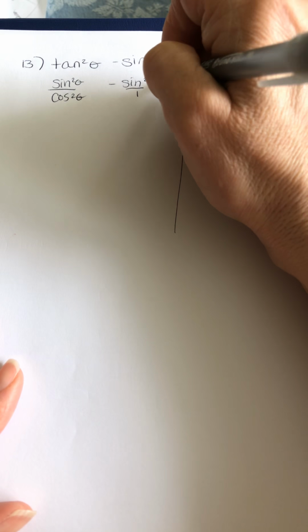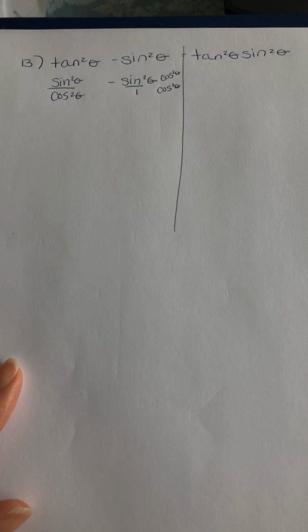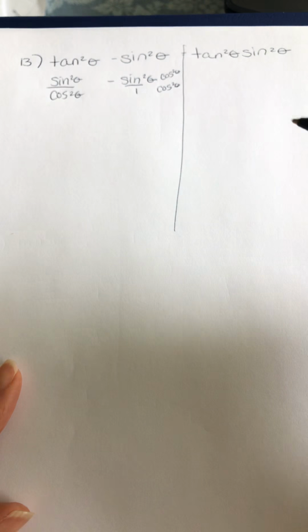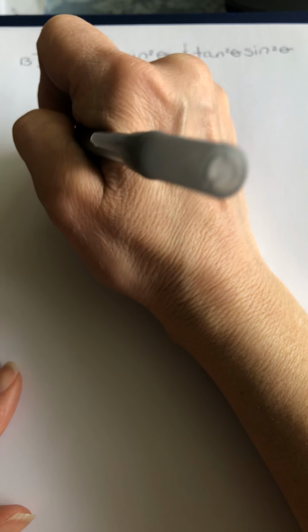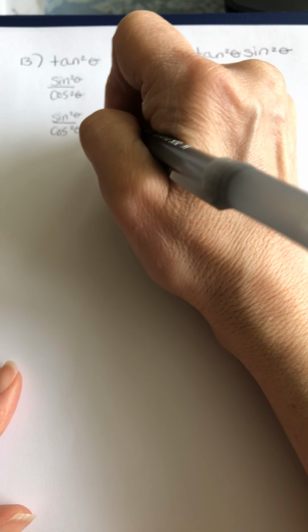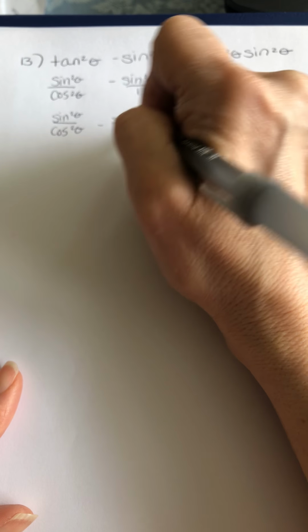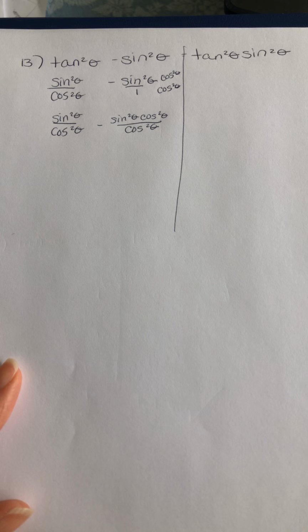So what I'm going to do is multiply the numerator and the denominator here by cosine squared theta. And that's just so I can combine these two terms into one. So we have sine squared theta over cosine squared theta minus sine squared theta cosine squared theta over cosine squared theta. Now that I have my common denominator, I can put these into one fraction.